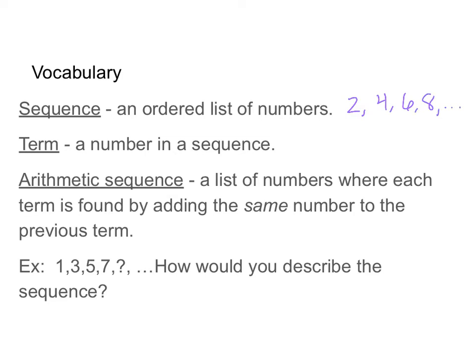A term in the sequence would be 4. It could also be 2 or 6 or 8. An arithmetic sequence is a list of numbers where each term is found by adding the same number to the previous term. Okay, so in this case, we're adding 2 each time, right?